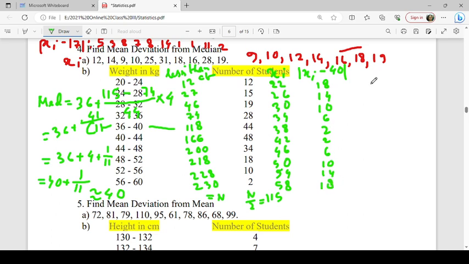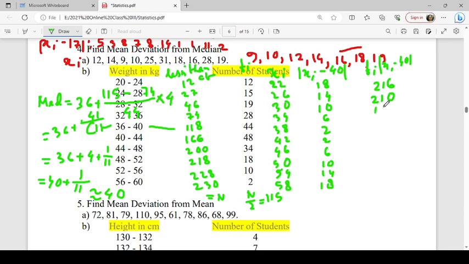Then you make another column, it is fi times modulus xi minus 40. So fi is 12, this is fi. So 12 into 18 is 216. Then 15 into 14 is 210.